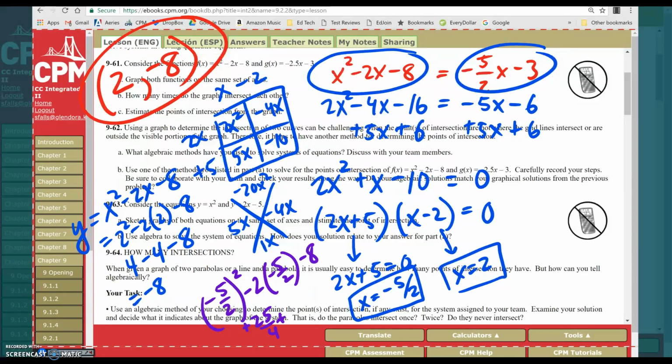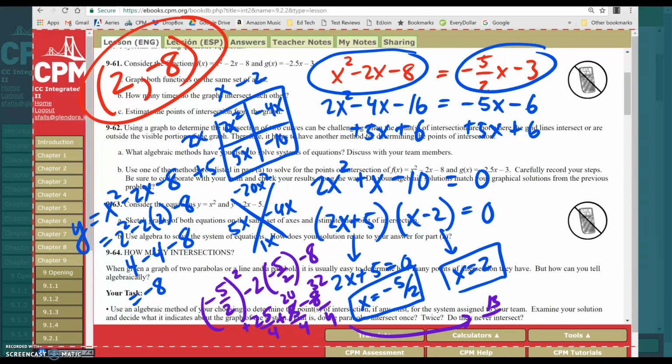And then this is also going to be positive, so that's going to give me 5, and then minus 8. Then I can add these all up by getting a common denominator. So 5 is the same as 20 over 4, and 8 is the same as 32 over 4. So if I add those up, 25 plus 20 is 45, and then minus 32. So that's 13/4 when I do that correctly.